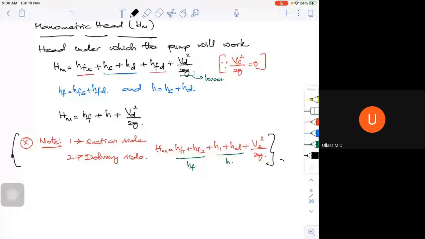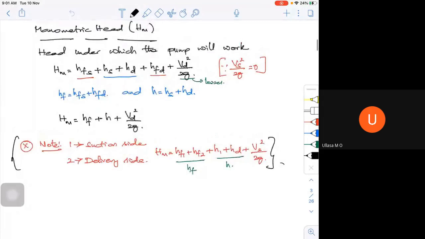Then we looked at the exit loss, that is, at the delivery there is some amount of kinetic energy which will be lost in the form of V square by 2g. We call that an exit loss. And then we defined what is called the Euler head, and then we ended up with the manometric head.